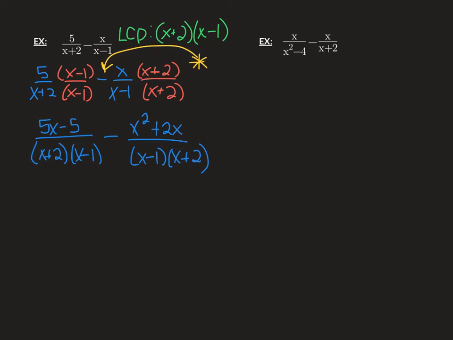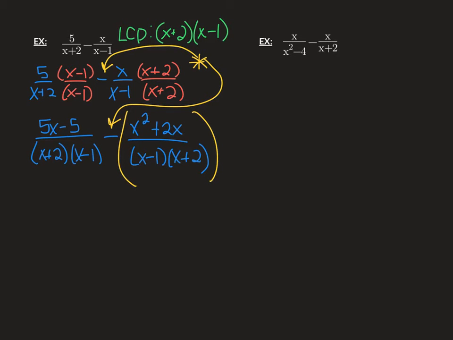Now, here is where this negative comes into play, and this is where it's important. When I go to combine these two fractions, I want to subtract them. What do I need to remember to do with this negative? Remember, I'm subtracting the entire second fraction.